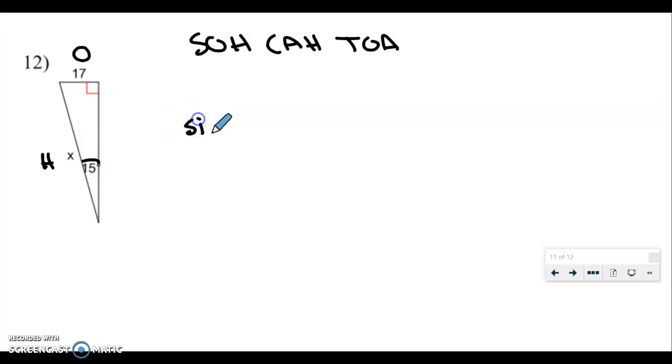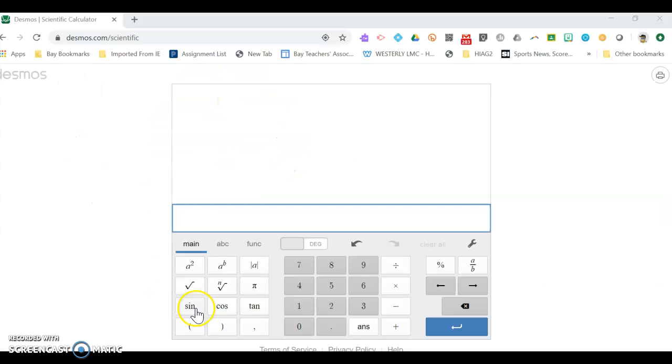So sine of the 15 is going to be equal to whatever the opposite over the hypotenuse is. So it's going to be 17 over x. So if you guys remember, the first thing that we're going to do is find out what the sine is. So we're going to press sine of 15. It looks like it's 0.258.